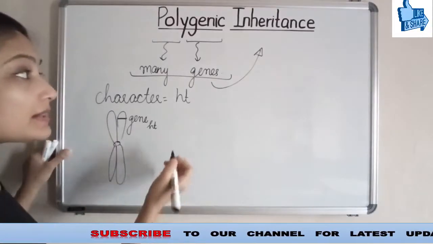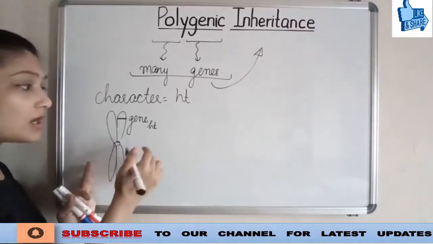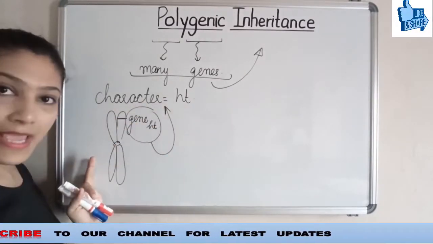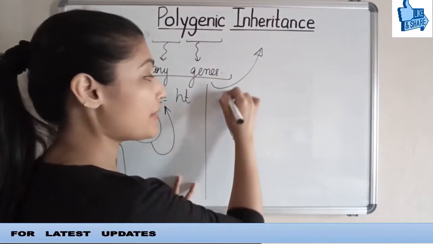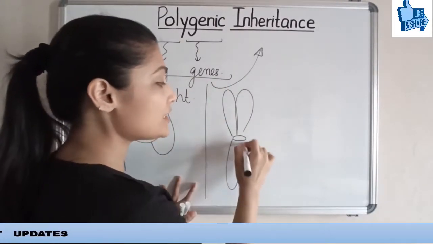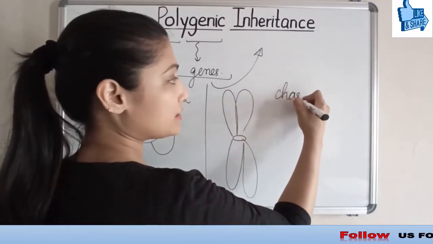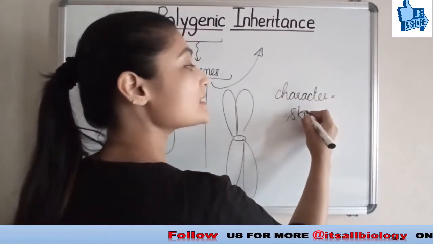But now we are going to talk about polygenes. Here only one gene was responsible for one character. Now what we are talking about is many genes, polygenes. Suppose there is one character, say skin pigmentation, our skin color.